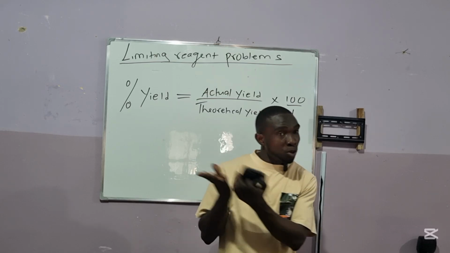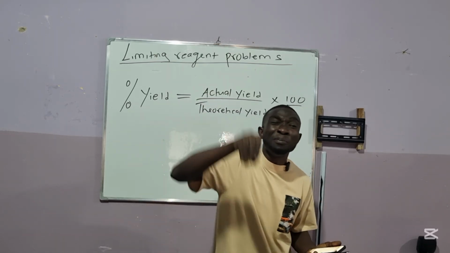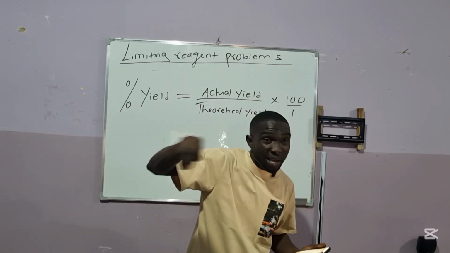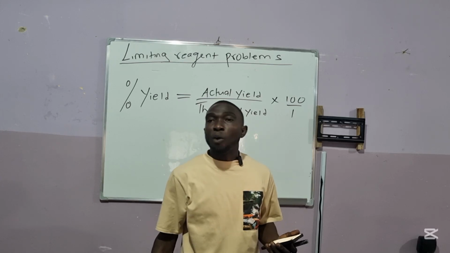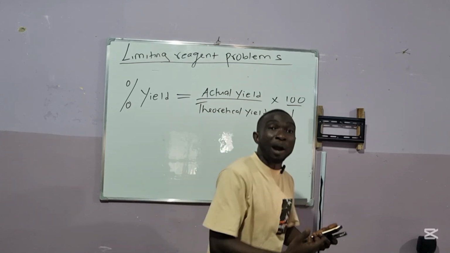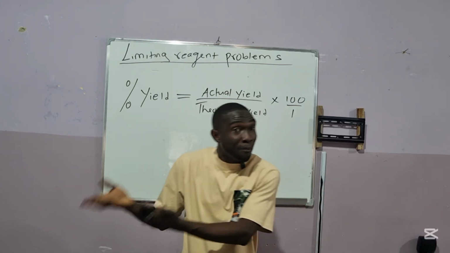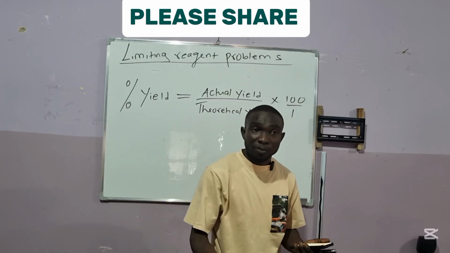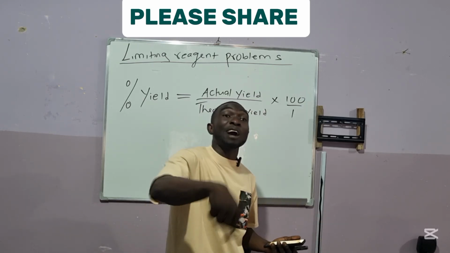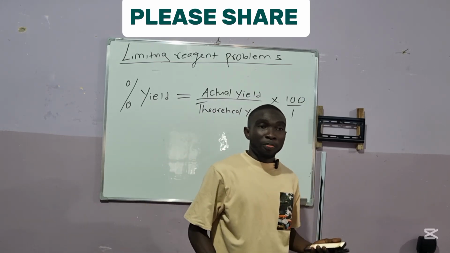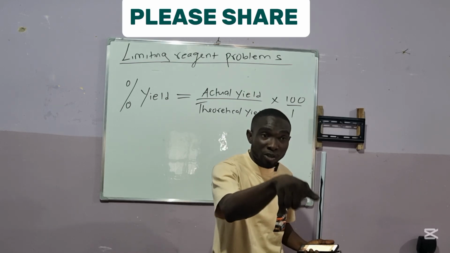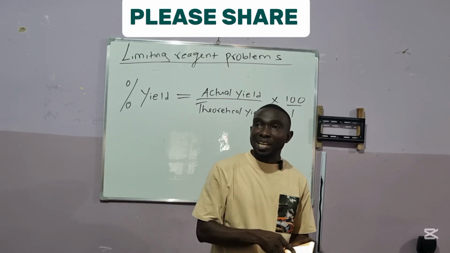That is the value of product obtained from the main reaction. The theoretical yield is the amount that you obtain from stoichiometry. So there are two different things. We must give you the actual yield, while you must obtain the theoretical yield. All right, let's do the calculation now.